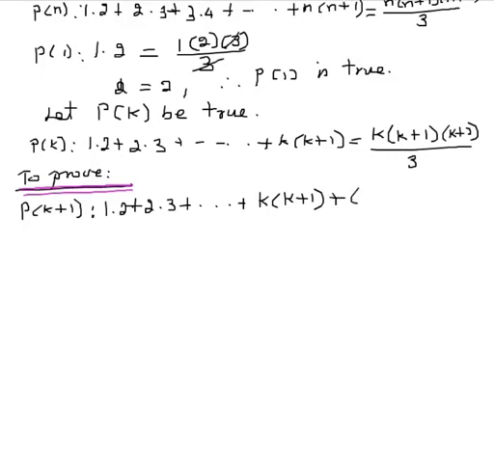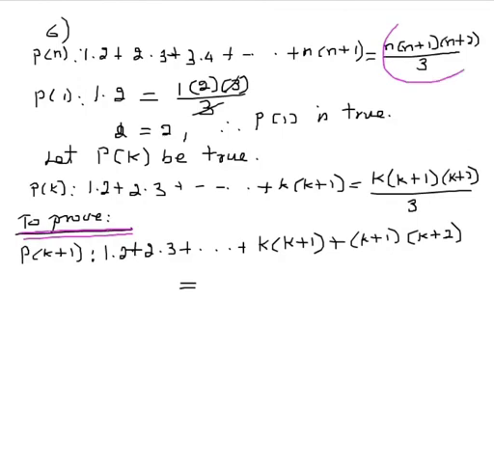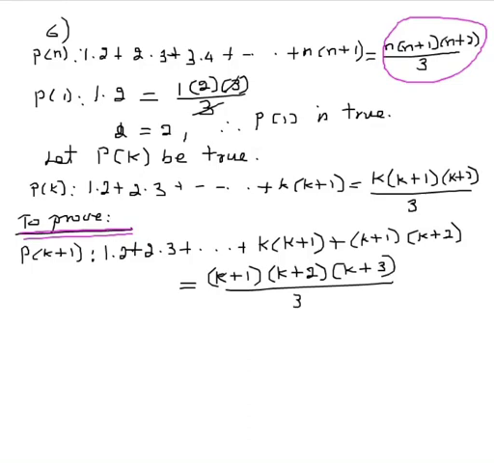And k plus 1 term will be k plus 1 into k plus 1 will become k plus 2, equal to, now on the right hand side of P of n statement, so substitute n as k plus 1, k plus 1 plus 1 is k plus 2, k plus 1 plus 2 will become k plus 3 divided by 3.